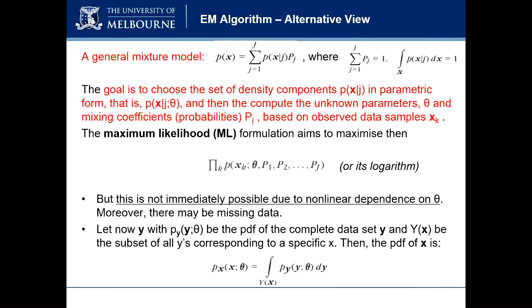The difference here is instead of talking about the latent variables z's, this talks about a complete data set y that I'm not observing, and then the observed data set x. And then it talks about a mapping from y to x, because x is the only thing I'm observing. y is the complete thing that I'm not observing.